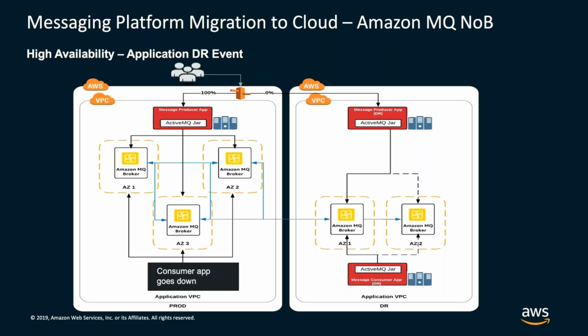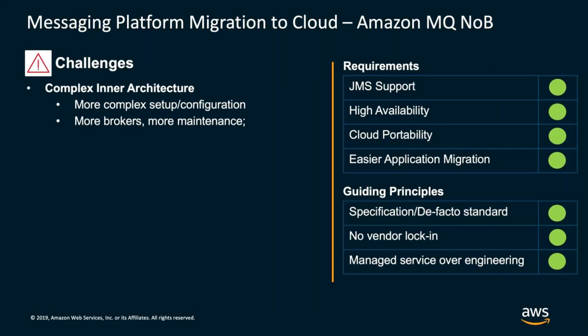So with that, Amazon MQ network of brokers is a great solution as we looked at it from a high availability point of view, and it marks green in all our requirements and guiding principles. But it also comes with its own challenges. Number one challenge is it has a complex inner architecture. You have a lot more brokers to configure. That means some more maintenance compared to the normal Amazon MQ setup.